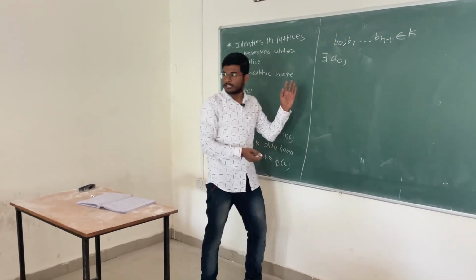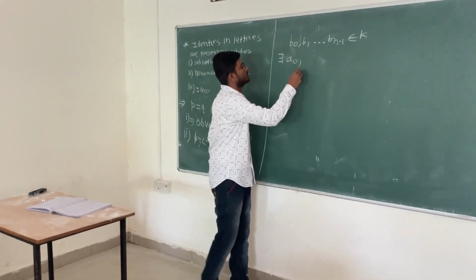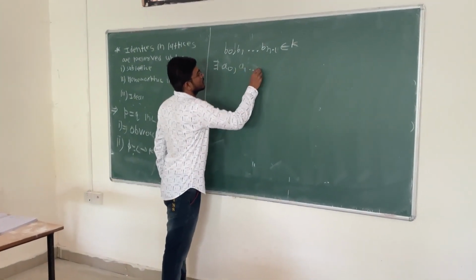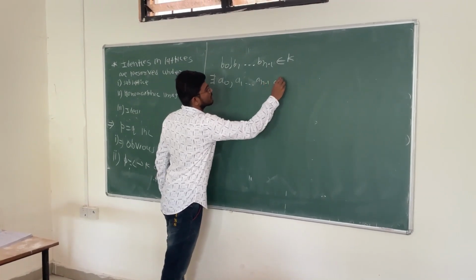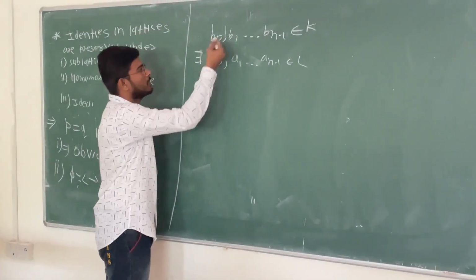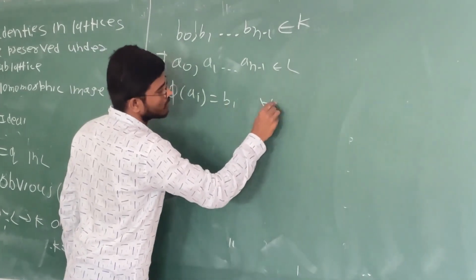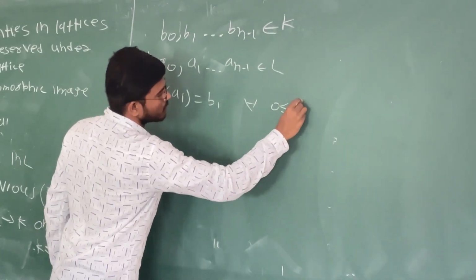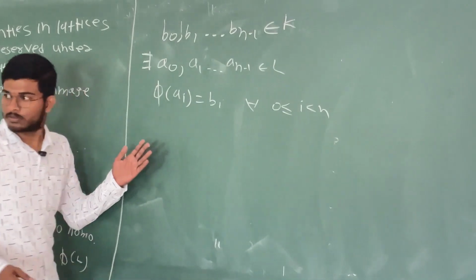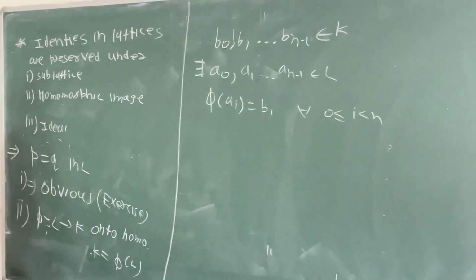So there exist points in L such that under this homomorphic image, it will be this. Is that clear? Yeah.